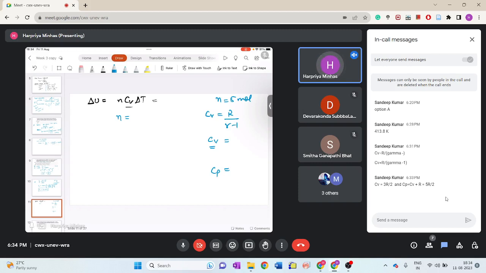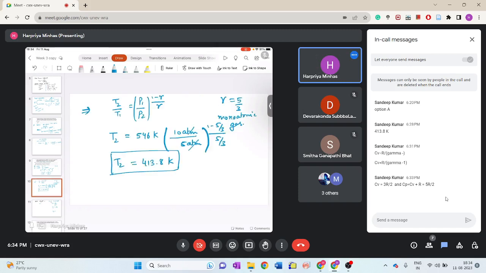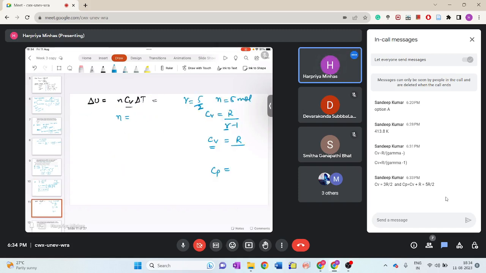Okay, simply put the value of gamma over here. For a monatomic system, your gamma is 5 by 3. So put the value of 5 by 3 over here, minus 1, and take 3 as LCM, 5 minus 3 is 2, so Cv is 3R by 2.